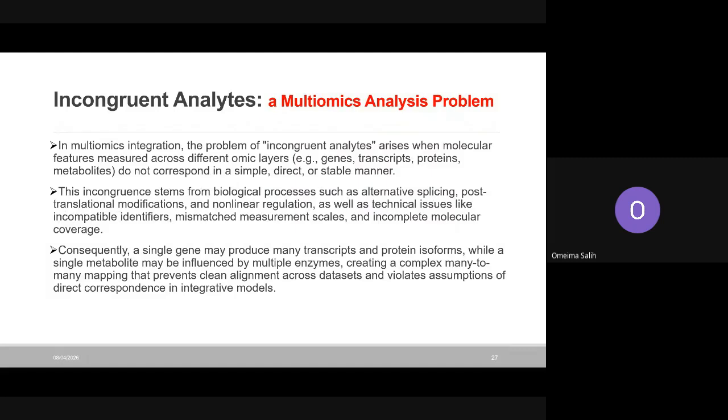So consequently, a single gene may produce many transcripts and protein isoforms, while a single metabolite may be influenced by multiple enzymes, creating a complex many-to-many mapping that prevents clean alignment across datasets and violates assumptions of direct correspondence in integrative models. So this is an evident problem, but you need to cater for it, and it depends on your study.